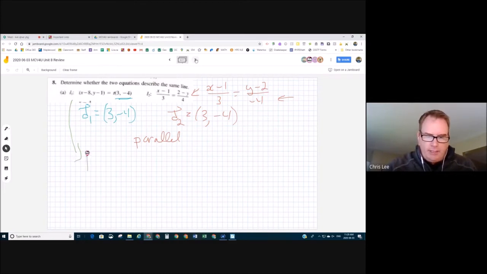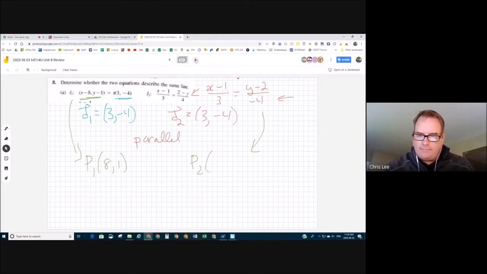I'll call it P1, and it's relatively easy to see that the point is 8, 1. Remember, it's opposite to what you see: if it's x minus 8, the point must be 8; y minus 1, the point must be 1. Then I'm going to take a point from line 2 and call it point 2. Again, I can look at the top and see that the point is 1, 2.